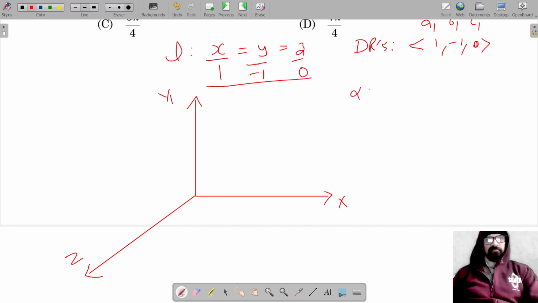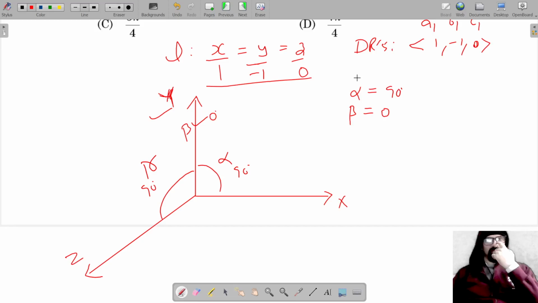Let's say this is alpha, which is 90 degrees, and the y-axis makes an angle with the y-axis, let's say beta, which is 0 degree with itself, and the y-axis makes an angle with z-axis, which is also 90 degrees. So I have given them the names alpha, beta, and gamma. These are the angles that y-axis makes with x, y, and z-axis.